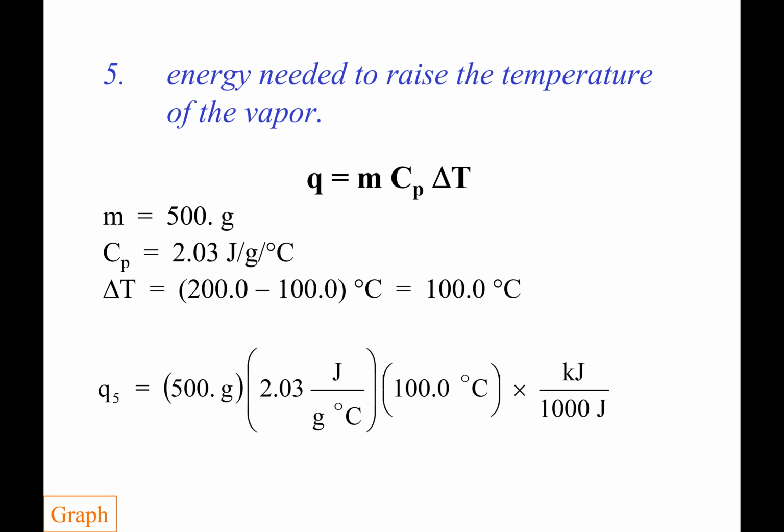Tack on converting it to kilojoules from joules, 1 kilojoule over 1,000 joules. Rounding to 3 sig figs, we get our Q5 is 102 kilojoules.